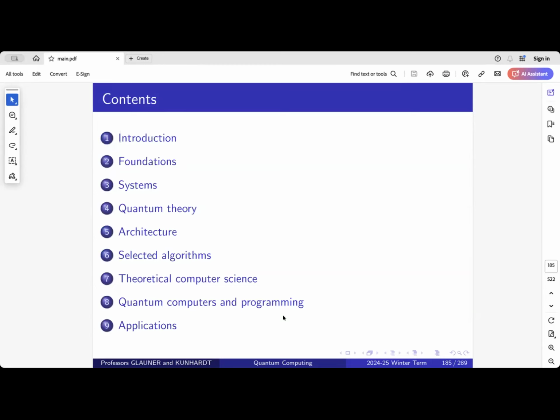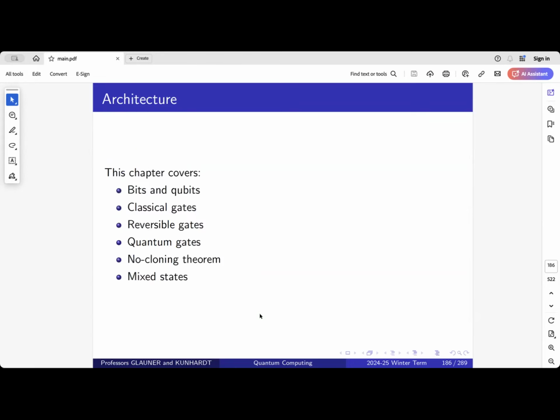And then next week, we can finally dive into quantum computing because we have laid all the foundations around systems and quantum mechanics and maths. We will finally be able to look into qubits, and we'll be able to describe them with all the tools we have now. Plus, we can look into quantum gates and reversible gates in general.